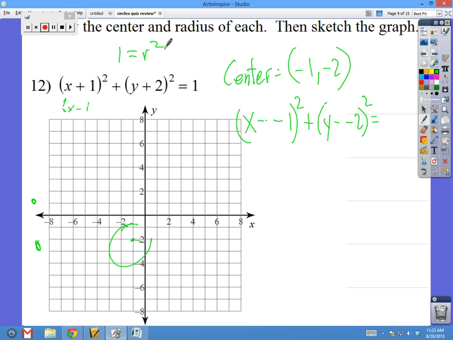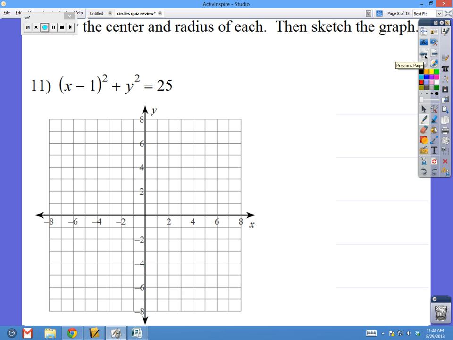What does r equal? Square root, r is 1. So this right here is your center. You guys try 11. Try 11. Go back to 11.